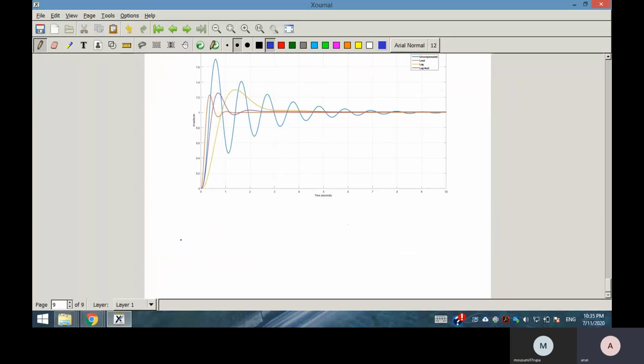So the observation is: uncompensated response is oscillatory. With the lead compensator the system is fast.